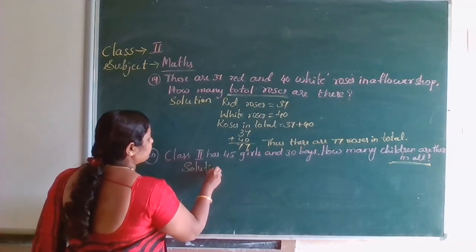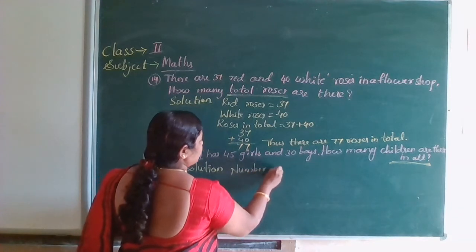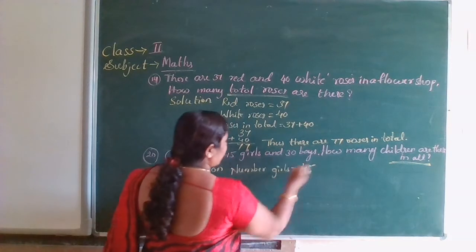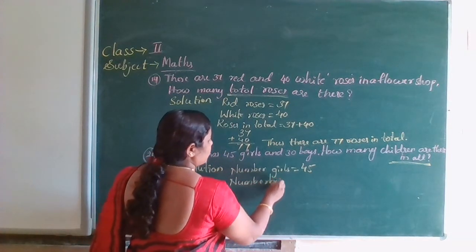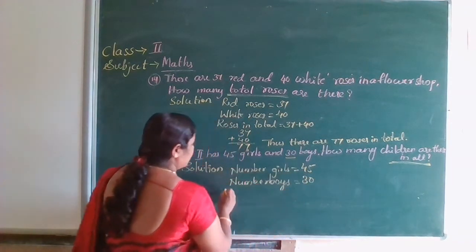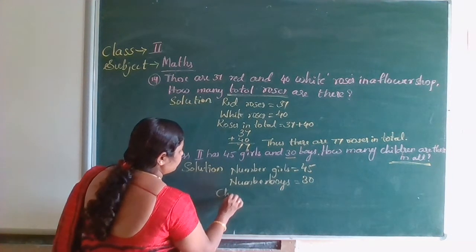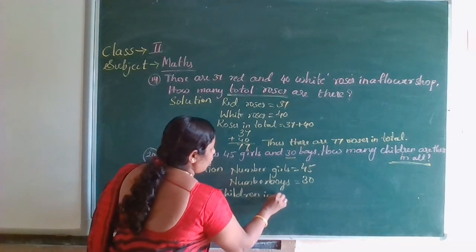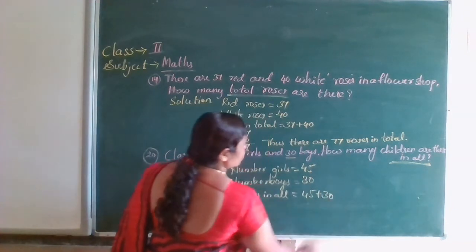Solution, number of girls is equal to 45. Number of boys is equal to 30. Children in all. Children in all is equal to 45 plus 30.